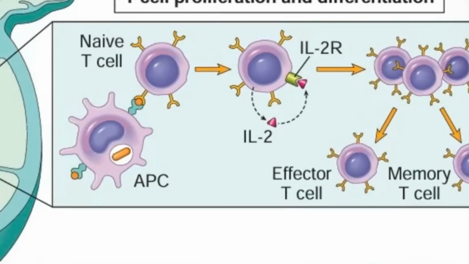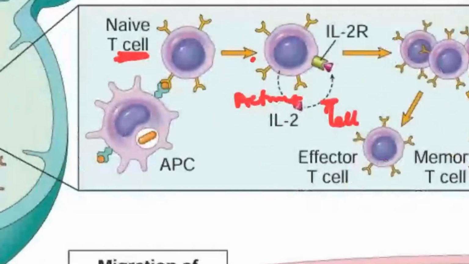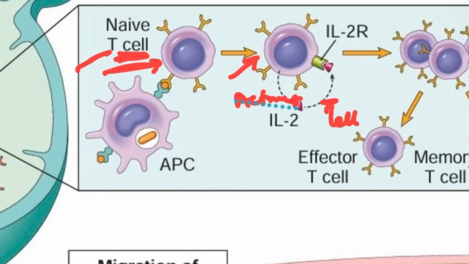Once the naive T cell has been activated, this is now the activated cell, okay? This is the naive cell. So once the antigen is presented to it and it becomes activated here, okay? It starts producing interleukin 2. Why is it producing the interleukin 2?